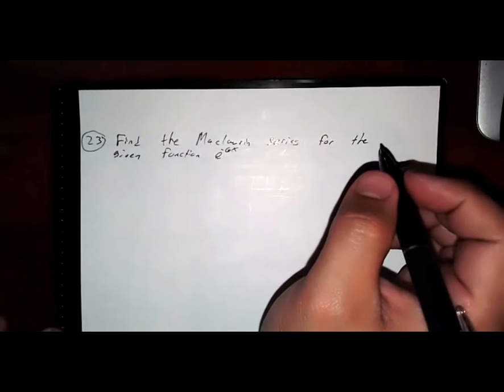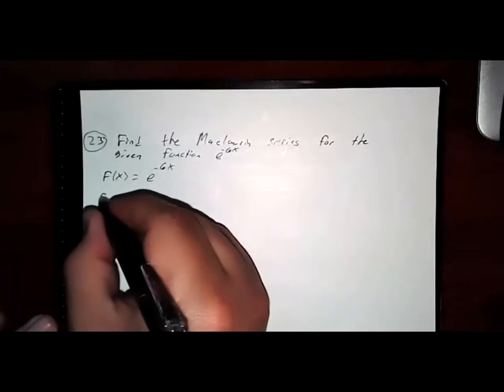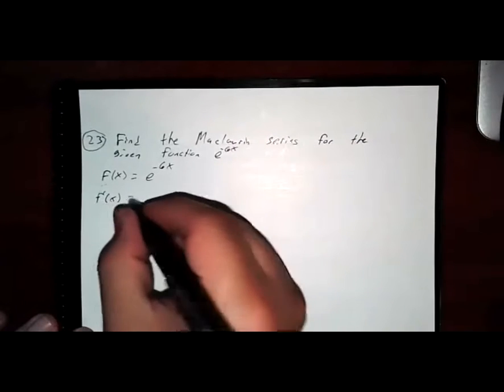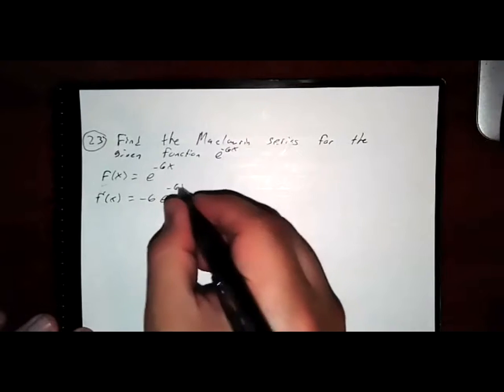So remember we said what you've got to do is take a bunch of derivatives, right? First, it's just itself. First derivative, number 1, would be negative 6 e to the negative 6x, right?